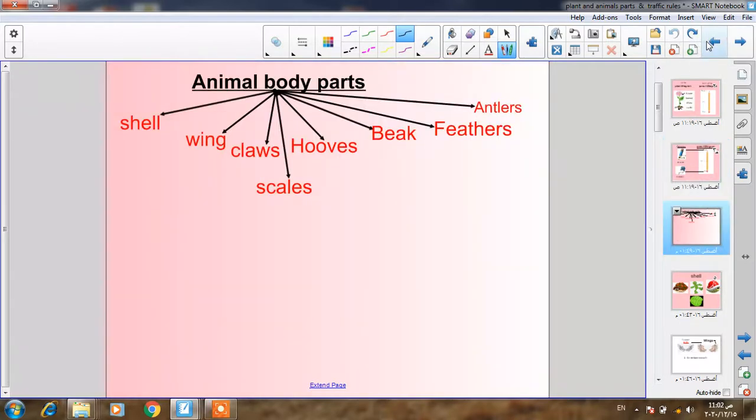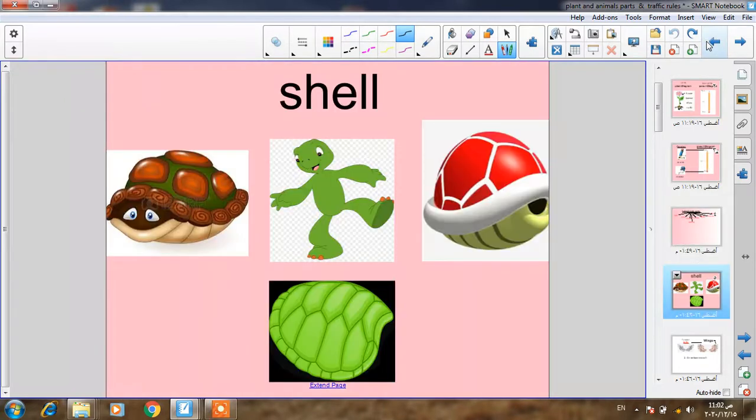Animal body parts consist of many parts. First of them is a shell. Shell, this is a hard part in the body of an animal to protect it. Okay, so this is called what? This is called shell.